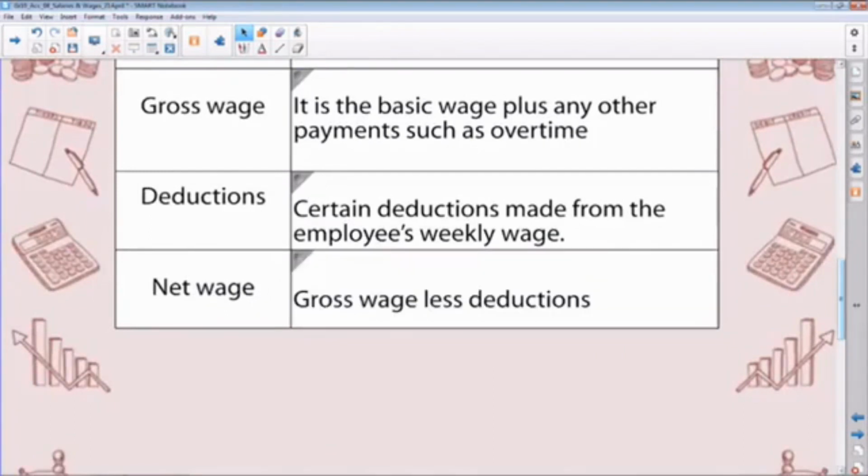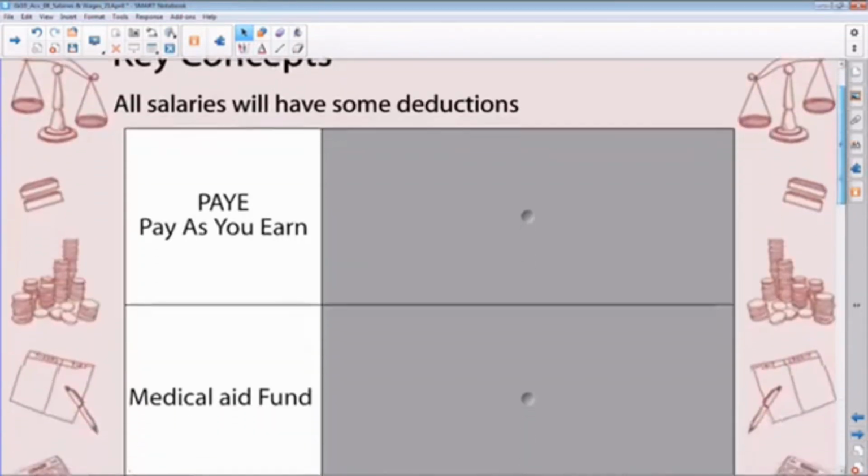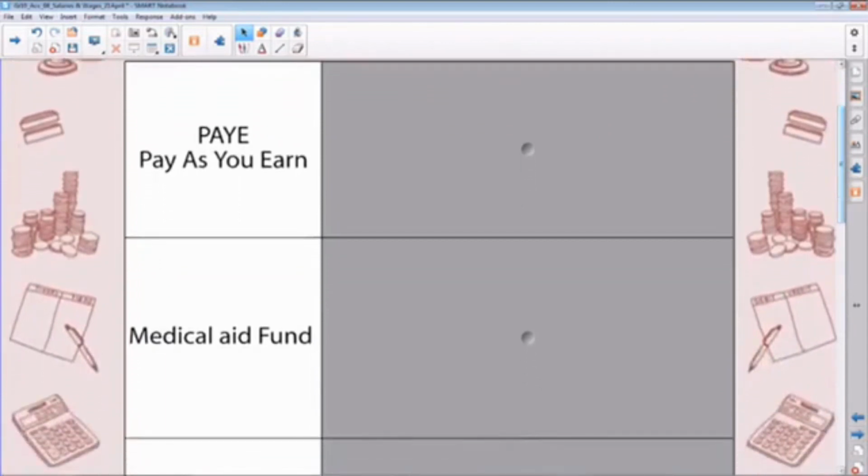So how do I get my net wage again? Gross wages less deductions. But let's refresh your memory on all the deductions your salary and wage workers can earn or get. So normally they will earn a gross wage, and we will pay a certain amount to SARS.